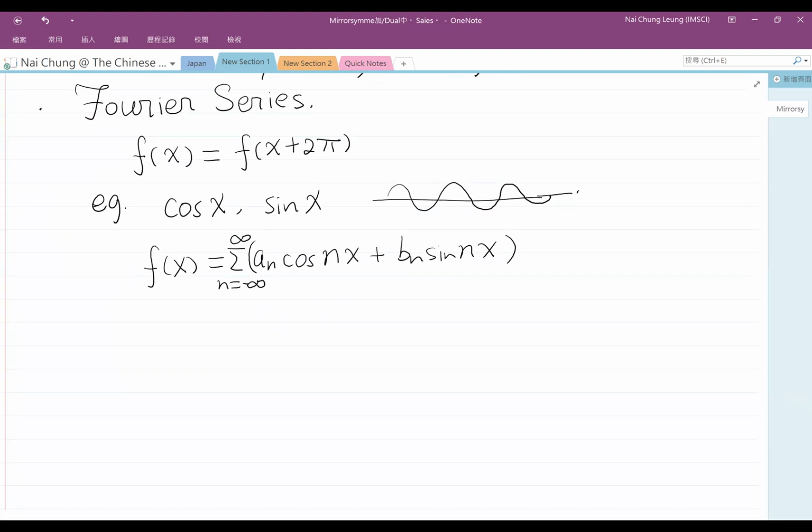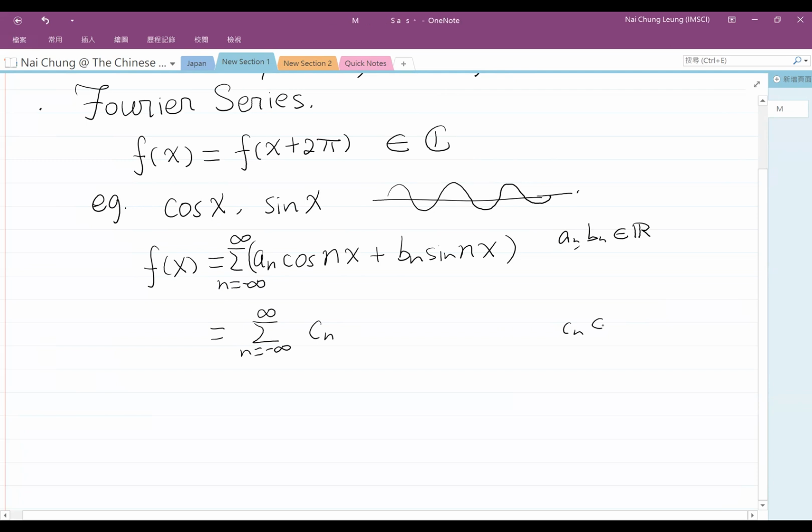If you allow complex numbers, it is even easier to write. Then you can write it as a summation over n from minus infinity to infinity of some complex number times e to the i n x. In this case, a and b are real numbers.